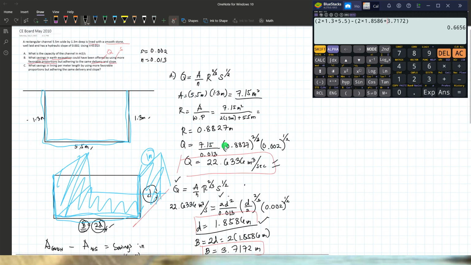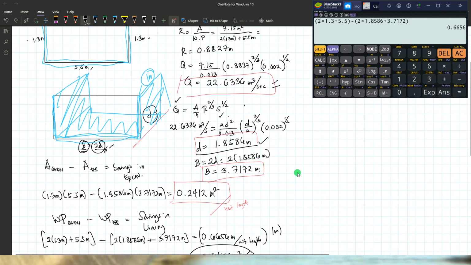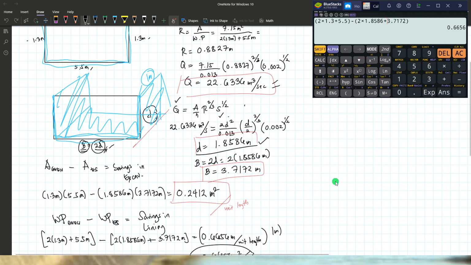Then for letter B, the savings in earth excavation. So usually in excavation, the unit that is being determined for excavation is in a unit of volume.